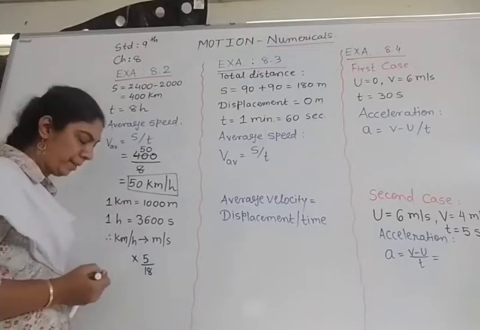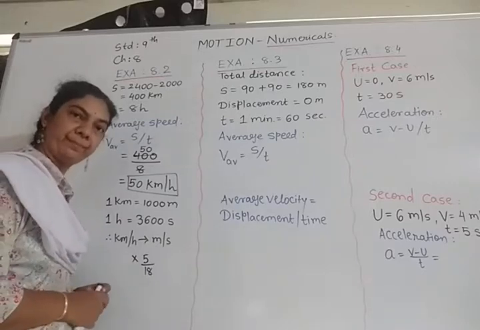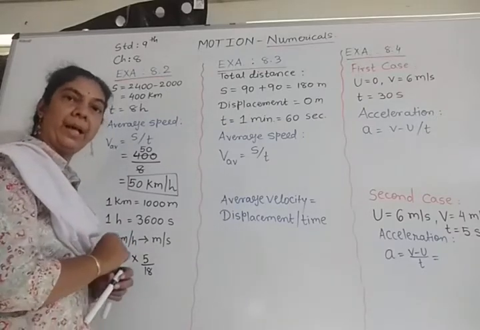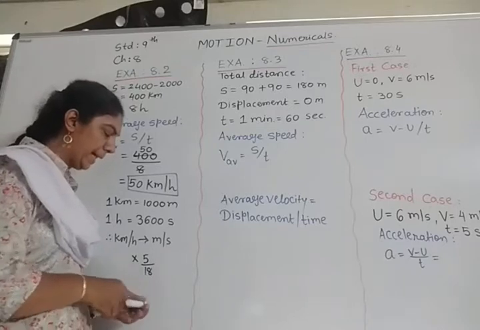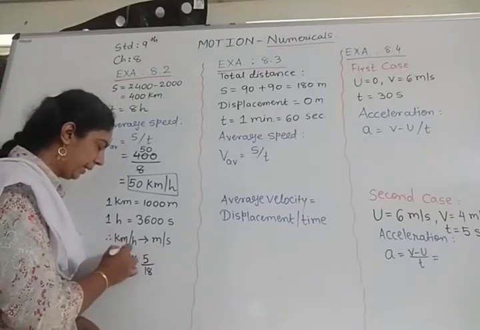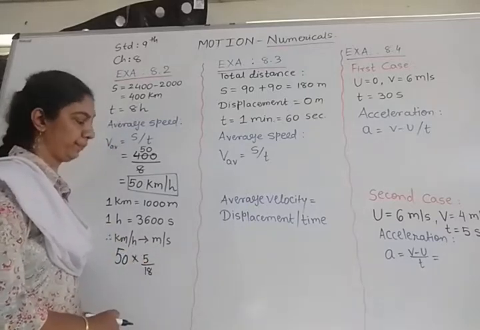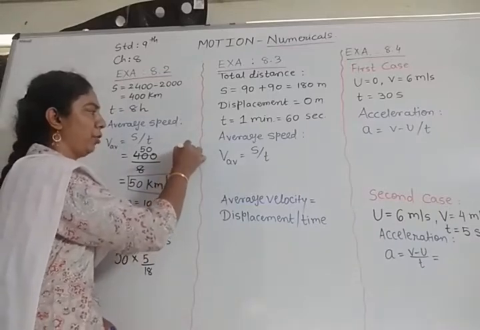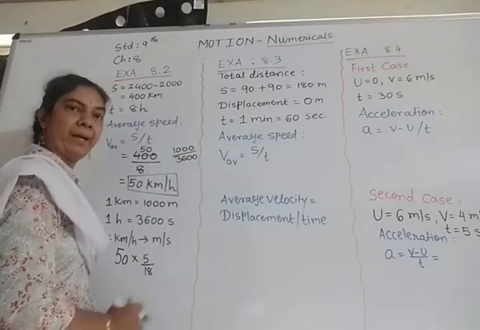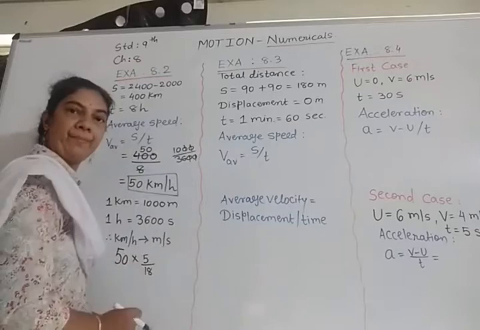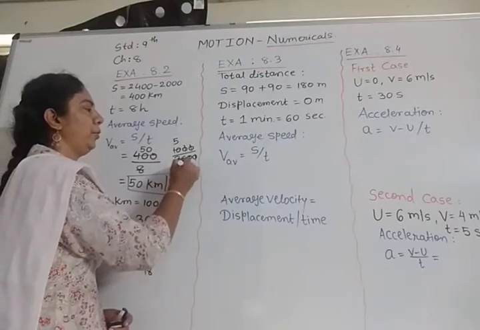So you have studied earlier that 1 kilometer is equal to 1000 meter and 1 hour has 3600 seconds. So multiply the given number with 1000 upon 3600, and if I do the cancellation of 1000 upon 3600, every time I have to cancel these two zeros, as well as I can write that 2 5s are 10 and 18 2s are 36.